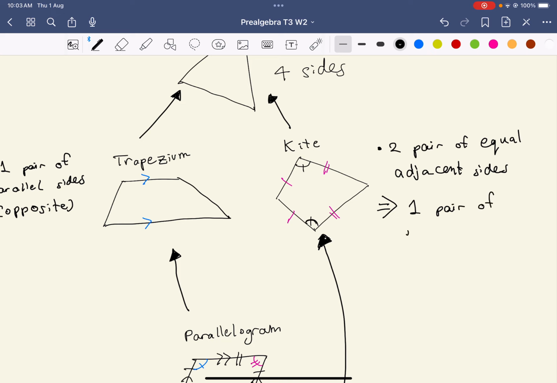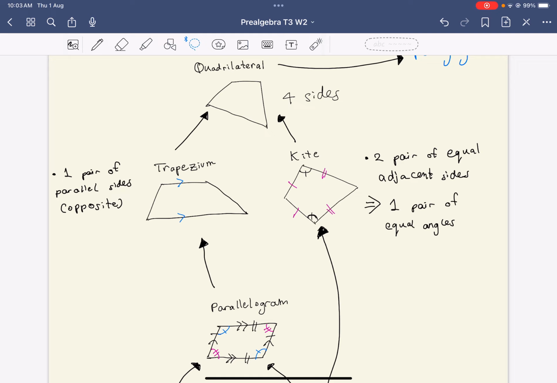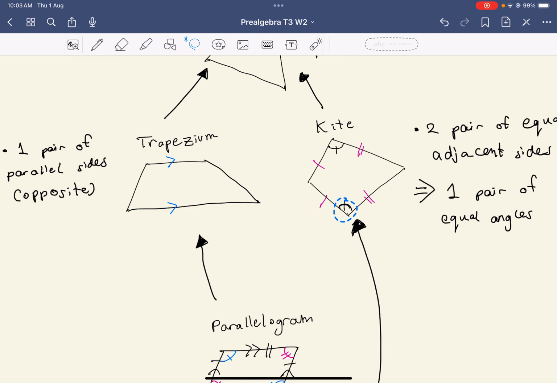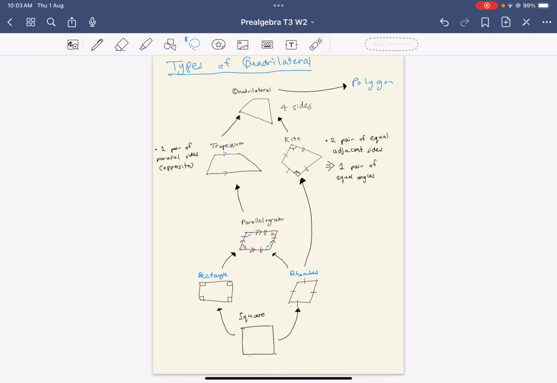Notice how the definition doesn't include the equal angles. The equal angles come because of the two pairs of equal sides. If there's two pairs of equal sides, the opposite angles have to be equal, like these two here. So that's just a consequence. It's not part of the definition. It's just like when you learn about triangles. What's the definition of hypotenuse?